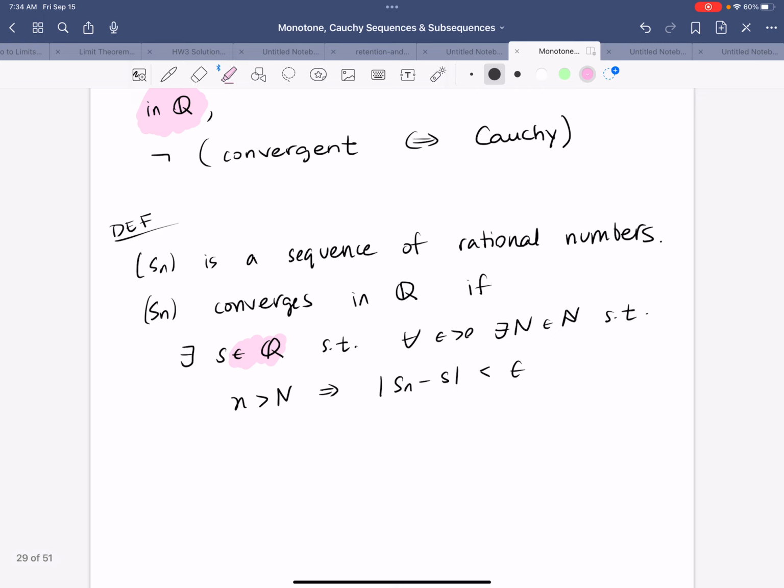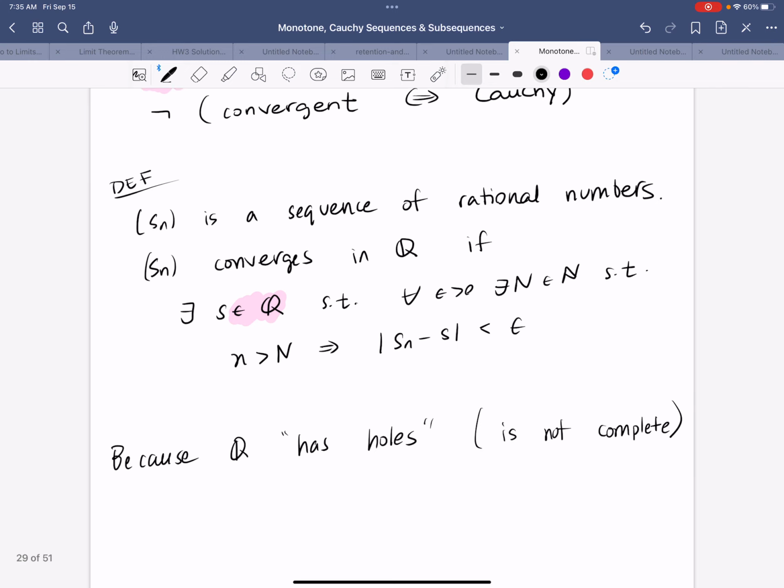Here's the deal. You can have a sequence that is Cauchy in Q, but it does not converge in Q because Q has holes, i.e. is not complete, does not satisfy the completeness axiom.